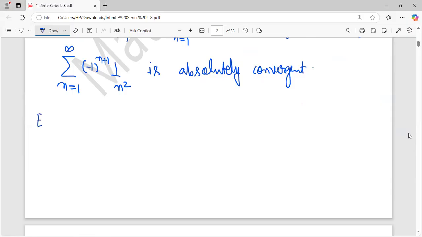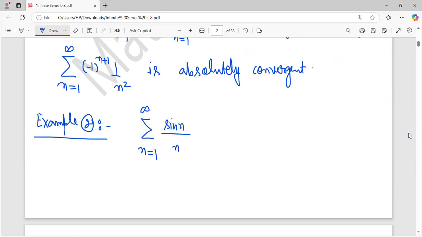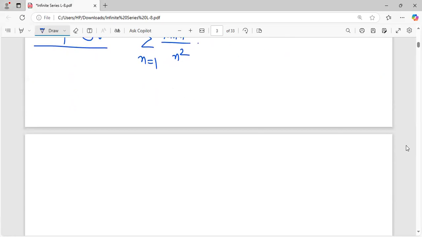Now, second example: the series summation n goes from 1 to infinity sine n upon n square. What is a_n? a_n is equal to sine n upon n square.